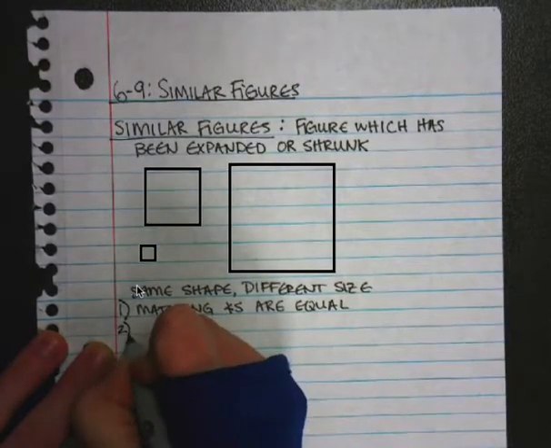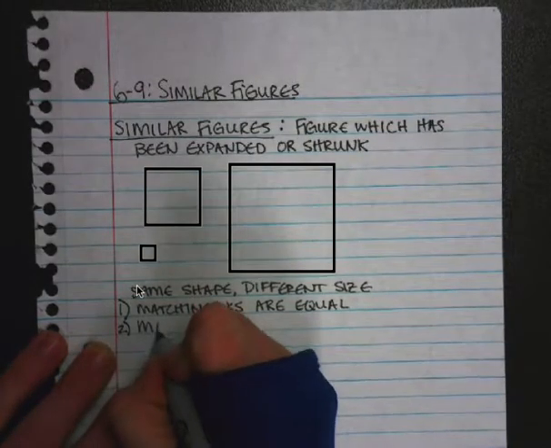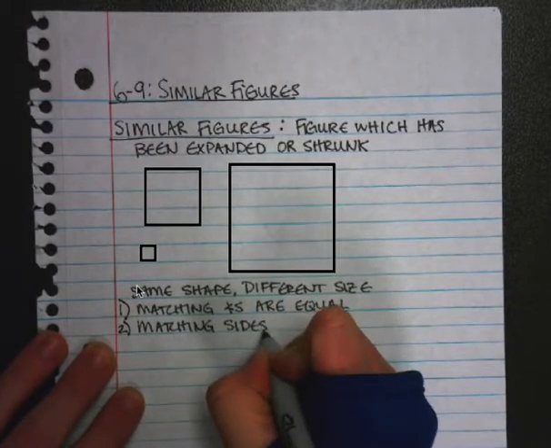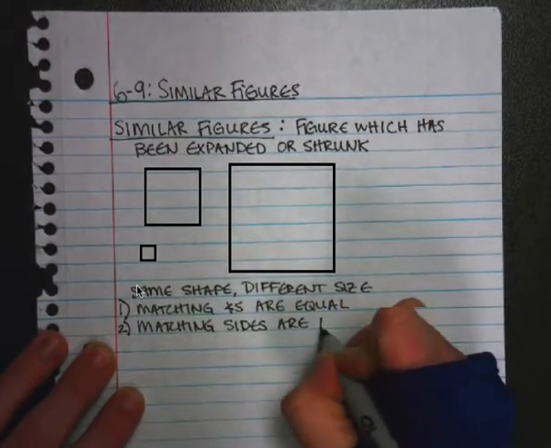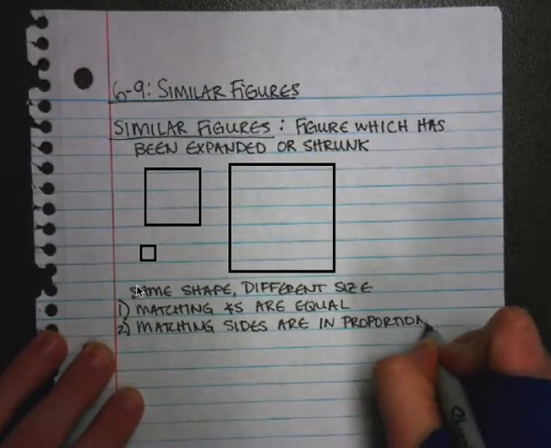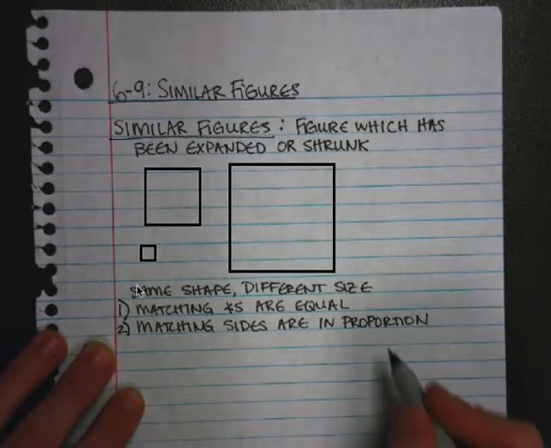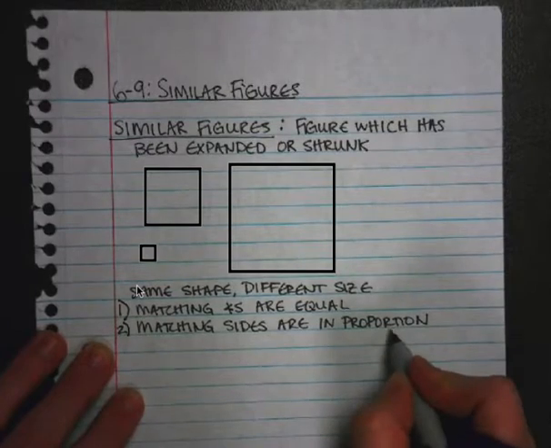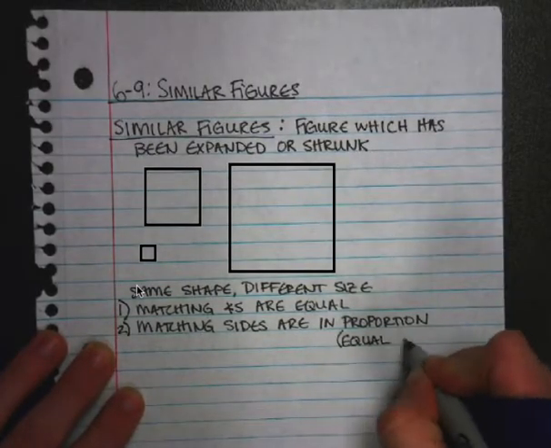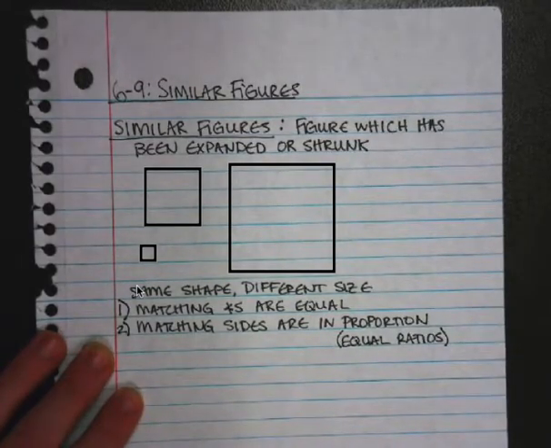And another quality about similar figures is that matching sides are in proportion. And remember, proportion means an equal fraction, so we're going to talk specifically about having equal ratios. Okay, and I'll do an example to show you this.